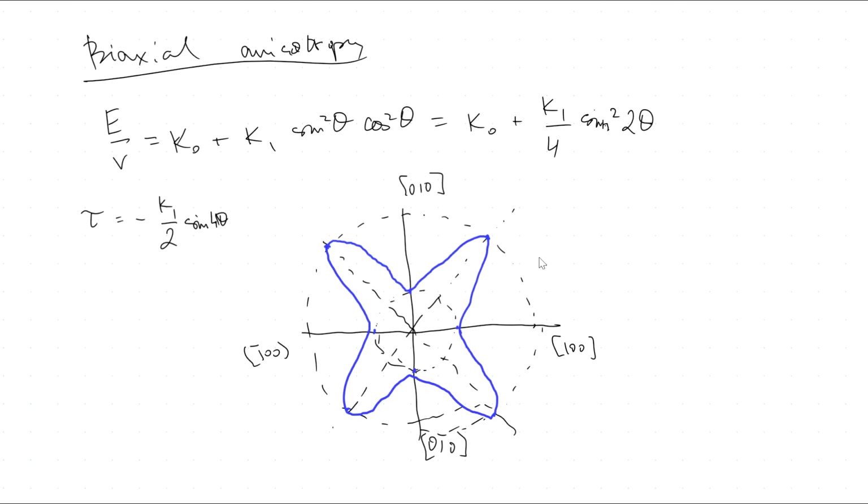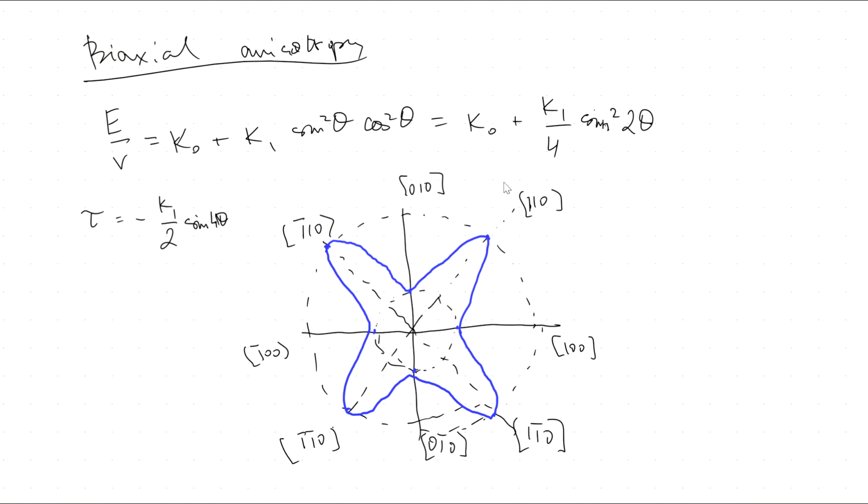So now if we designate this direction as 1, 1, 0, and this direction is -1, 1, 0. This direction is -1, -1, 0. And this one is 1, -1, 0.